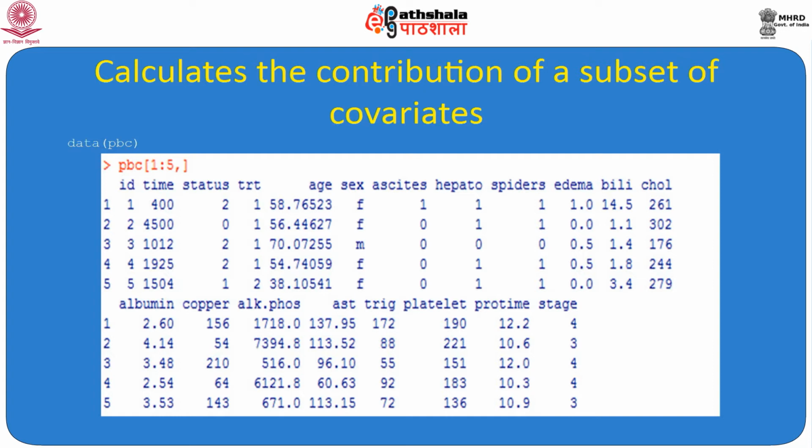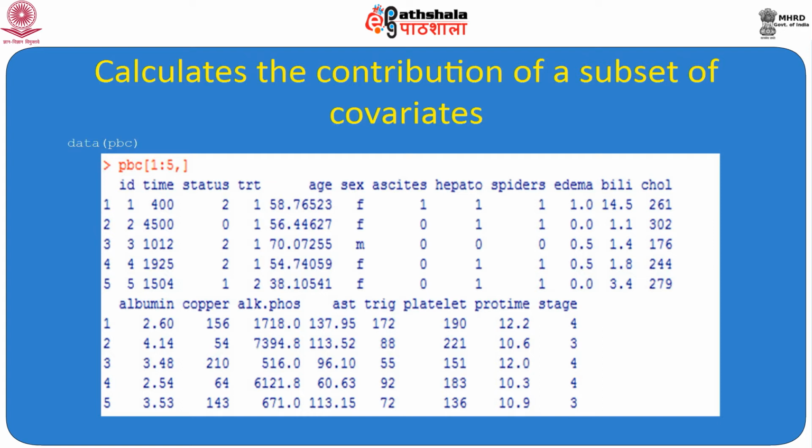It is showing the first 5 IDs as 1 to 5, time was like 4500, that is the observation time of those individuals, and status is given as 2, 0 and 1. So here also 0 represents that they are censored, 1 represents they died, and 2 represents they died due to some other reason.